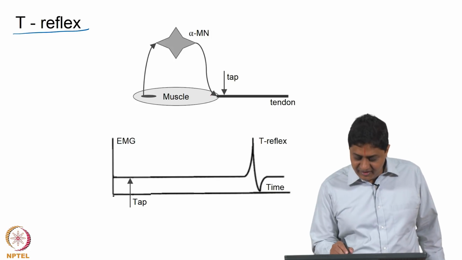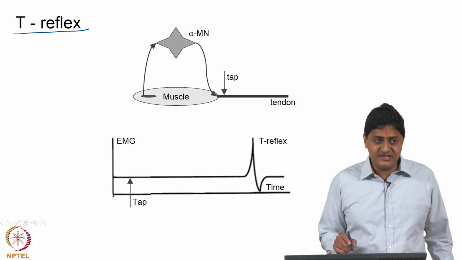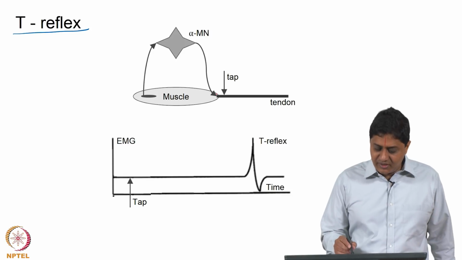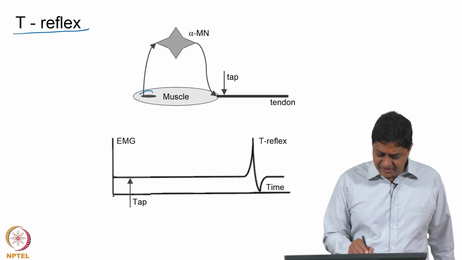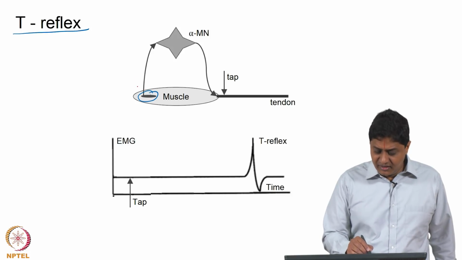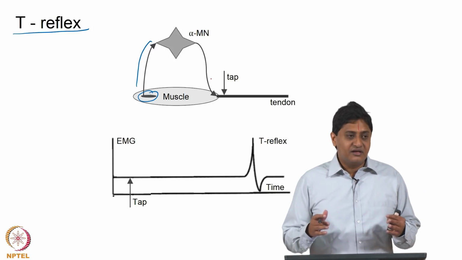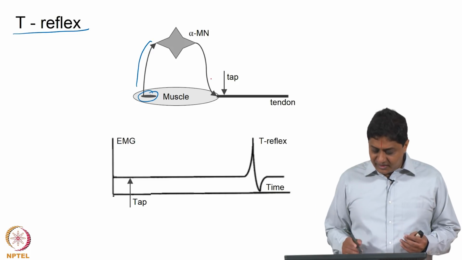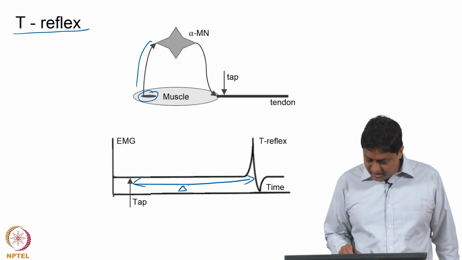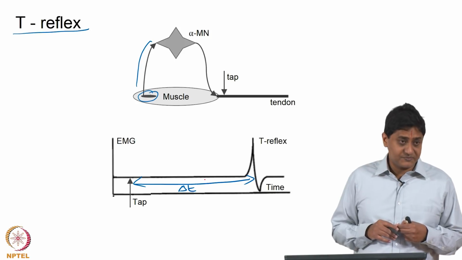That is, if I tap the tendon, then the muscle spindle senses the sudden stretch, and then immediately 1A afferents will start firing and command the alpha motor neuron to contract. That response is what is felt as the knee jerk response. And that response and approximately that delay, that delta t, will be approximately the same as the H reflex response.